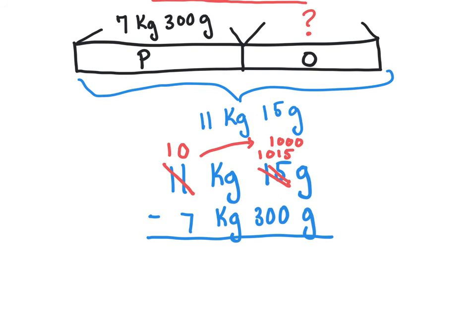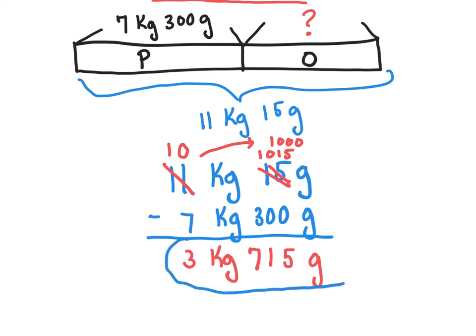So when we subtract, on the grams, we're going to get 5, and then a 1, and then 10 minus 3 is 7. And then how many kilograms? 10 minus 7 kilograms is 3 kilograms. So we have 3 kilograms and 715 grams. And that's our answer.